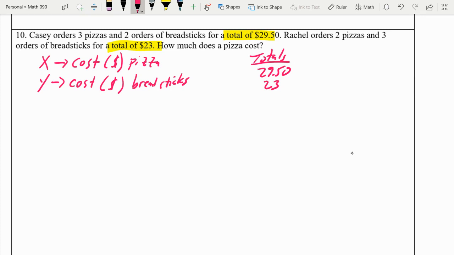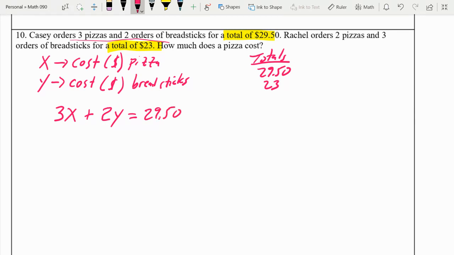Casey ordered 3 pizzas and 2 breadsticks. How much did each pizza cost? I have no idea. Plus, ordered 2 orders of breadsticks. How much did these breadsticks cost? I have no idea. But I know together it was $29.50.